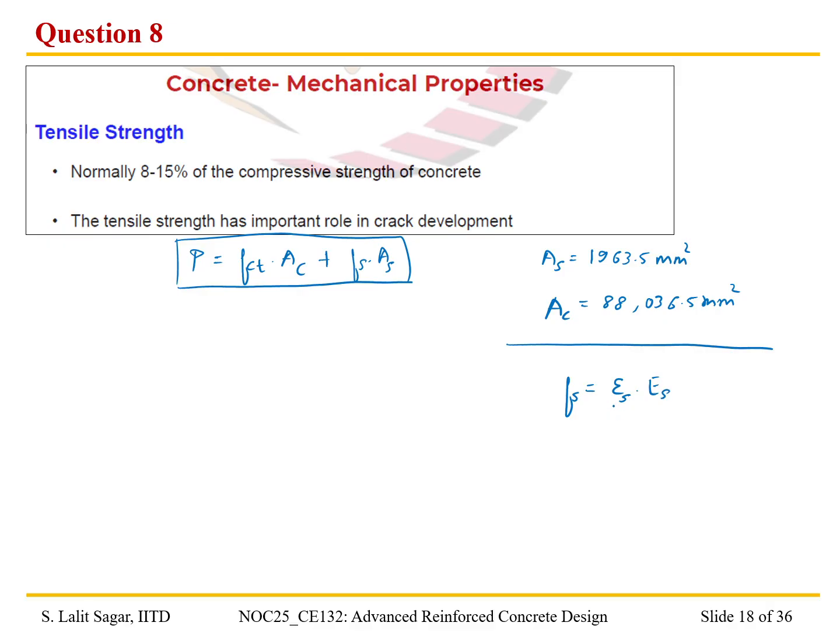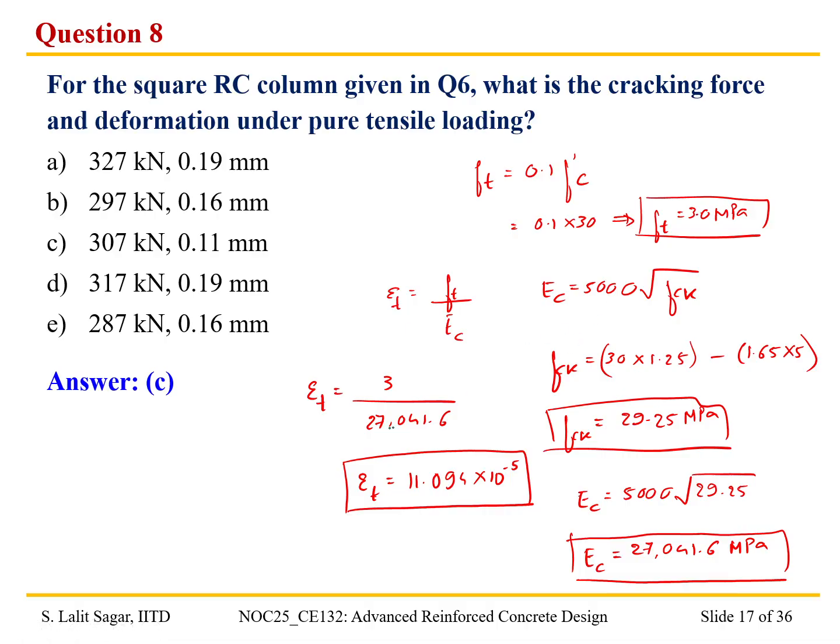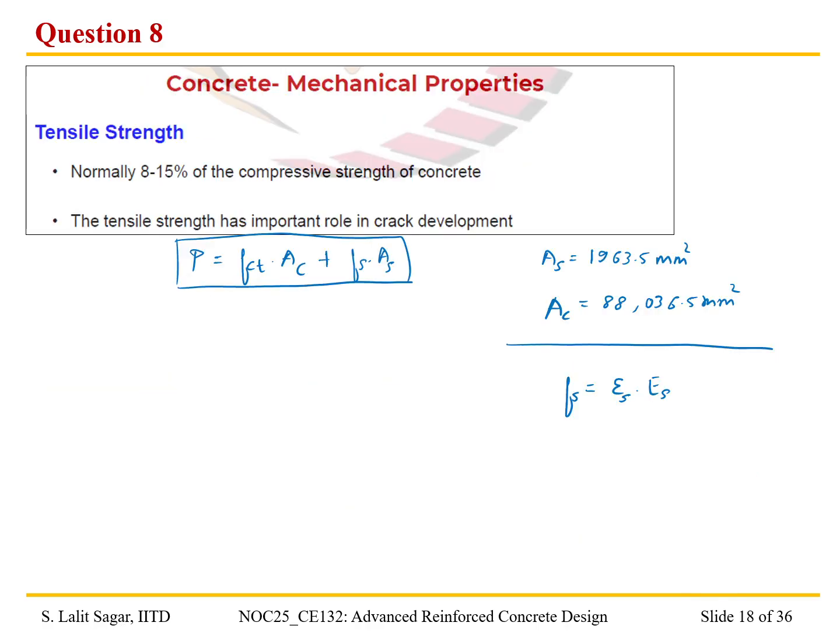We do this because of the compatibility of the deformation. When you take a reinforced concrete column and subject it to uniform compression or uniform tension, the rebar is going to deform by the same amount as the concrete. So we call this the compatibility of deformation of the concrete and reinforcing steel.